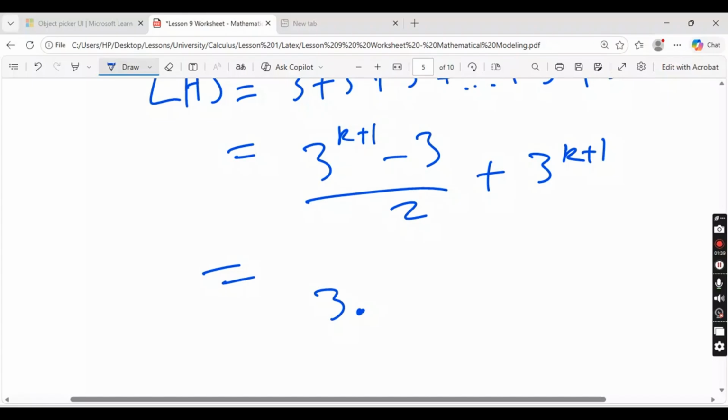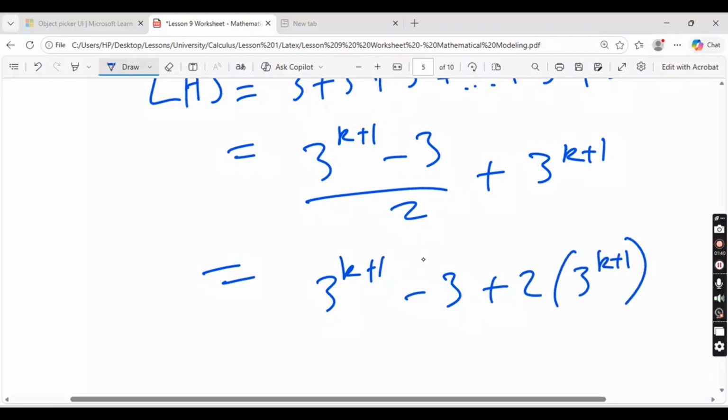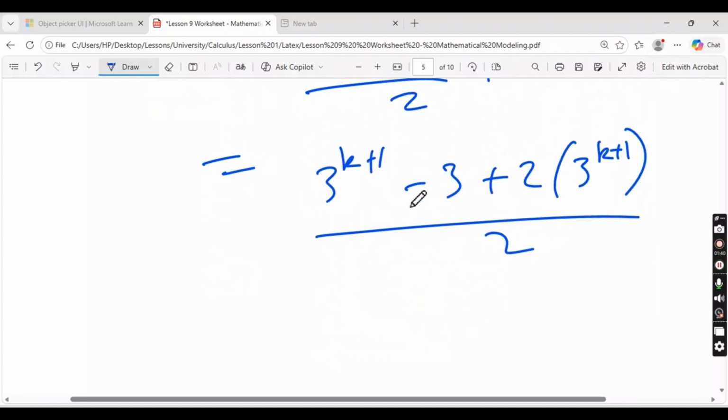Should we need that? We need that. Then we say 3k plus 1 minus 3 plus 2 times 3 to the power of k plus 1, all over 2. Okay, so from this, what do we do?